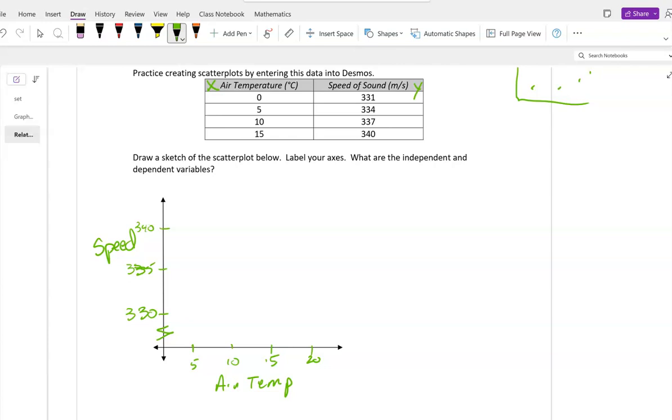Okay, so our first piece of data is at 0, the speed is 331, so I'm going to put a dot there. At 5, the speed is 334. At 10, the speed is 337. At 15, the speed is 340. So it looks something like that. Maybe I got that dot. Something like this.